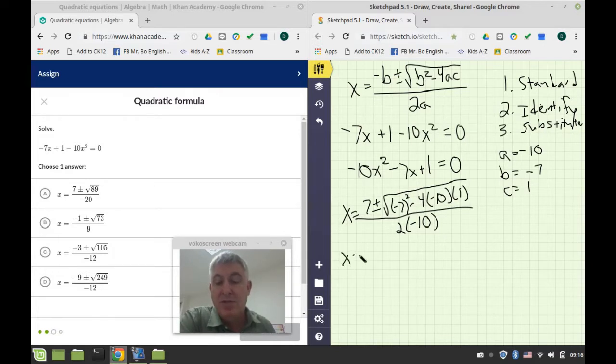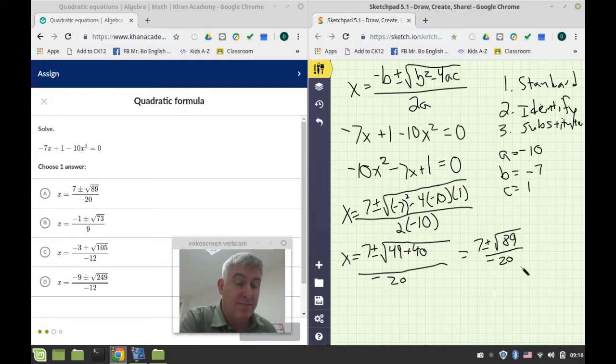So we'll simplify that. 7 plus or minus the square root of 49, minus minus plus 40, all over negative 20. And that is 7 plus or minus square root of 89 over negative 20. And there we go.